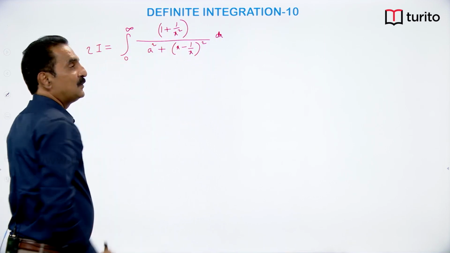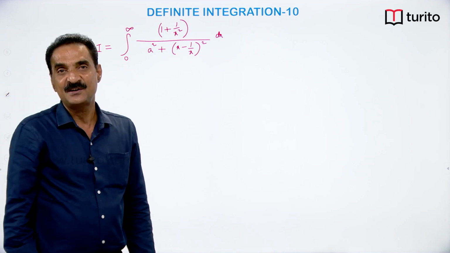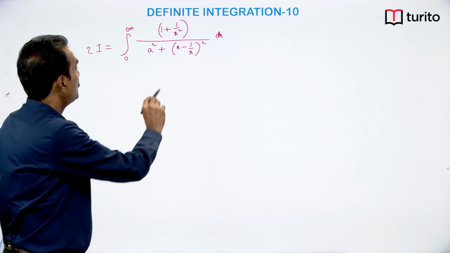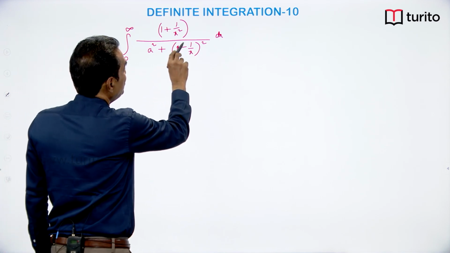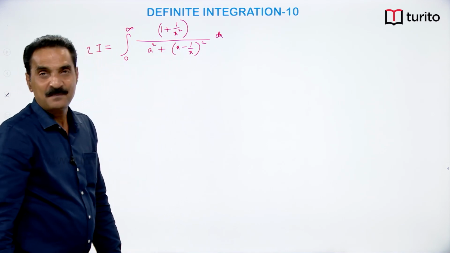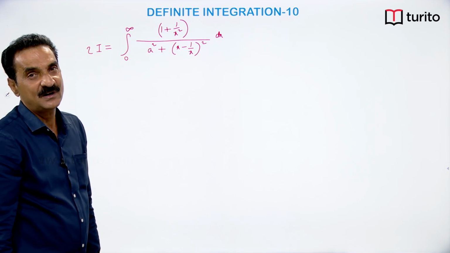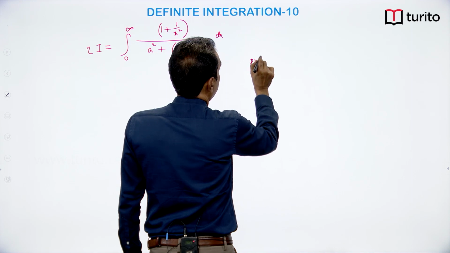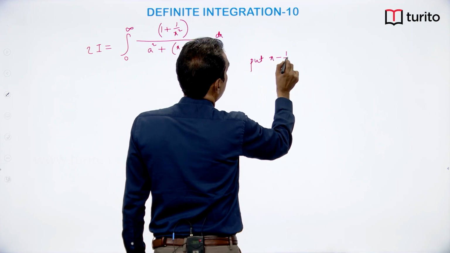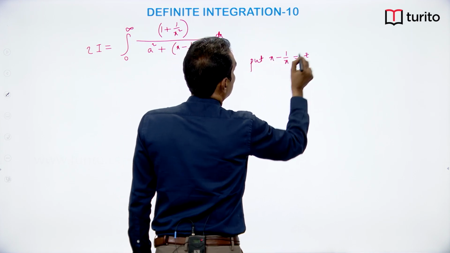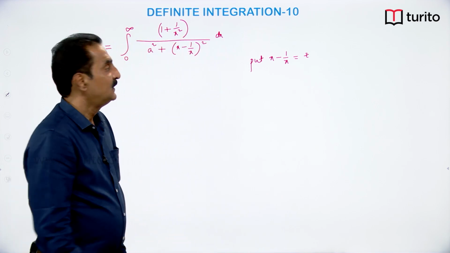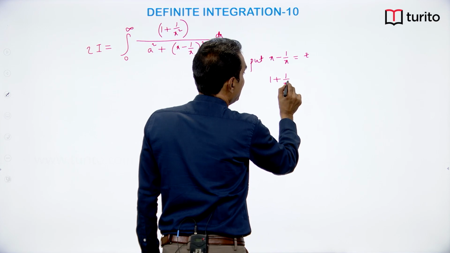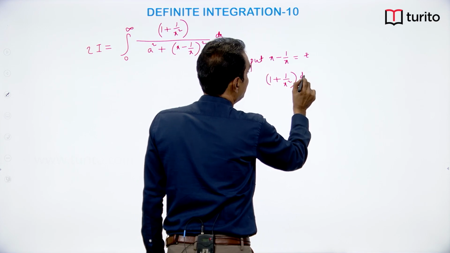So what is the idea behind this manipulation? Now if you observe it, you can notice that derivative of x minus 1 by x is 1 plus 1 by x square, is it not? So now we put x minus 1 by x is equal to some z, then its derivative is 1 plus 1 by x square dx is equal to dz.